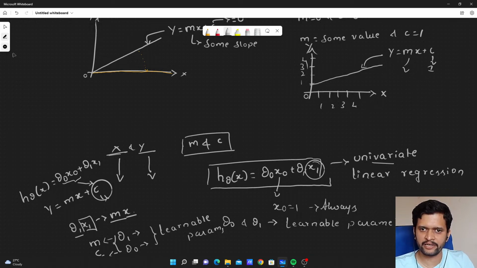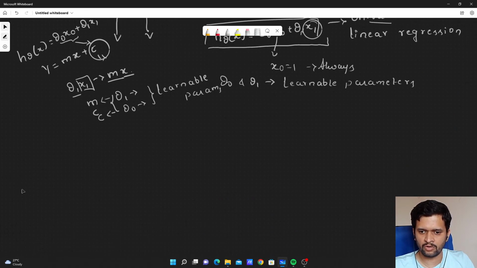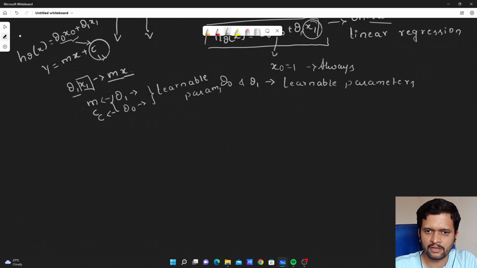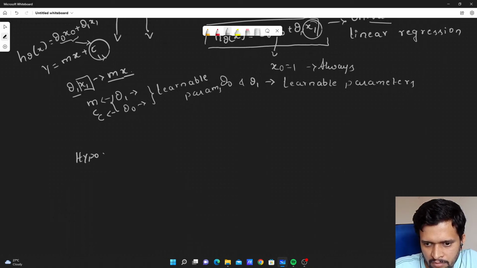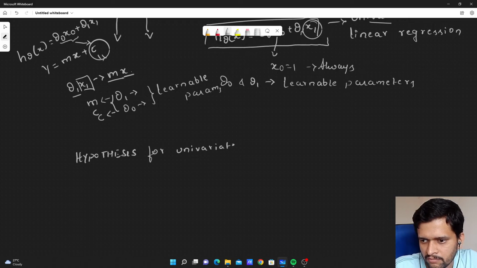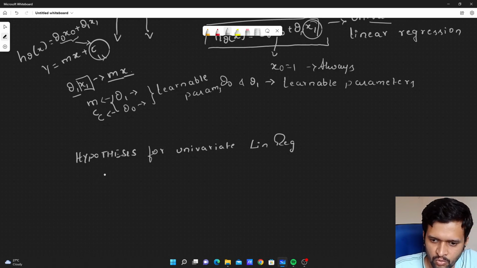Let me write it clearly once again. This is the hypothesis for univariate linear regression: h theta of x is equal to theta 0 x0 plus theta 1 x1.